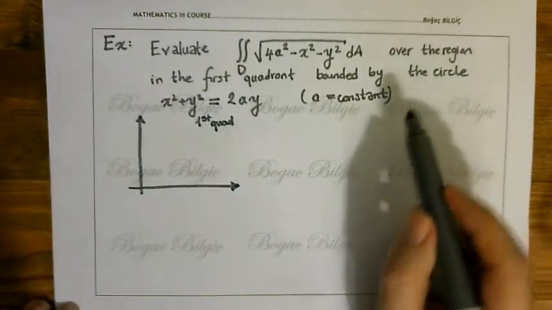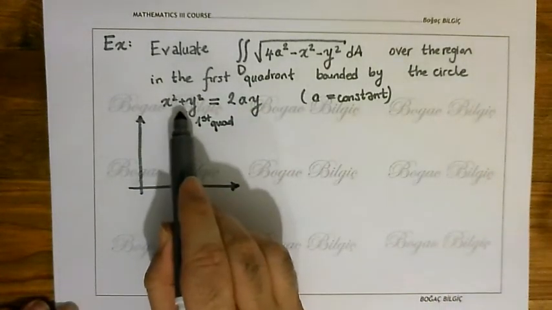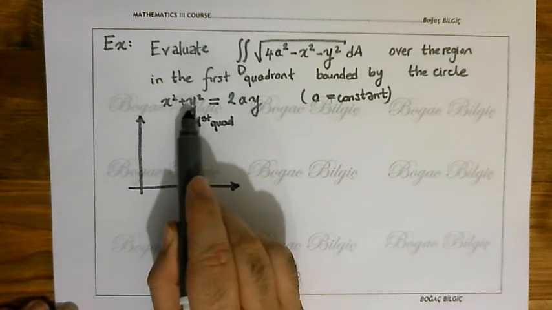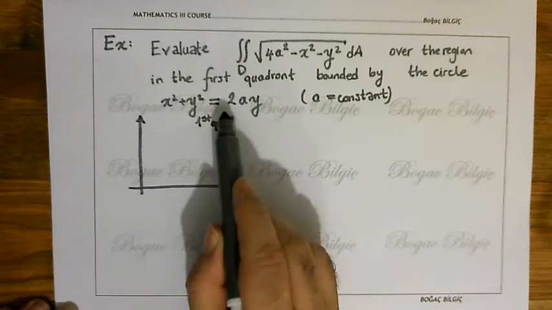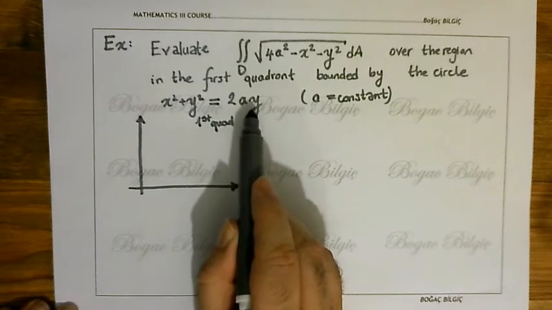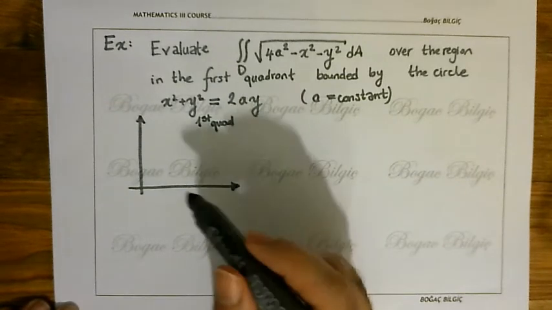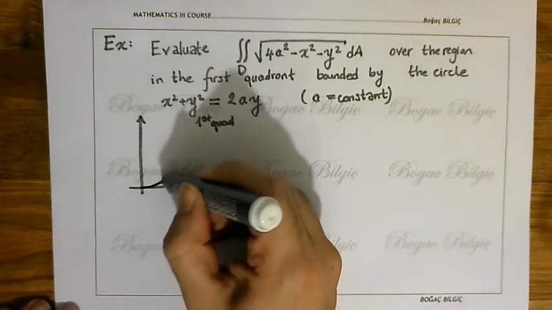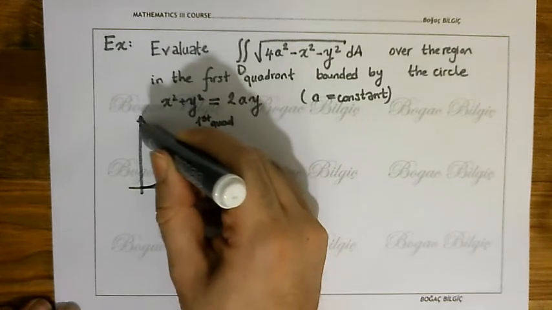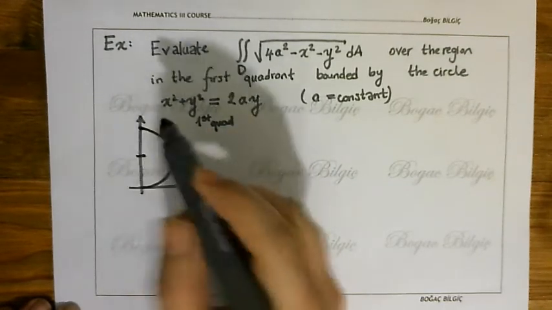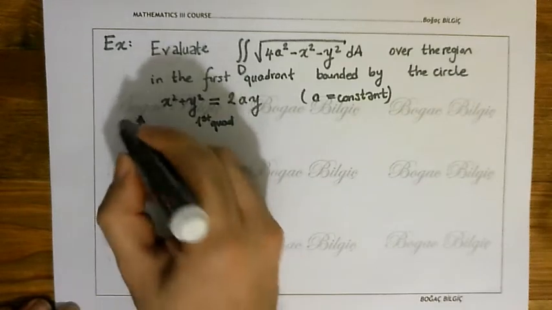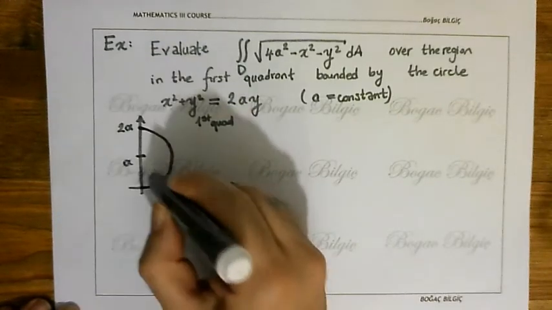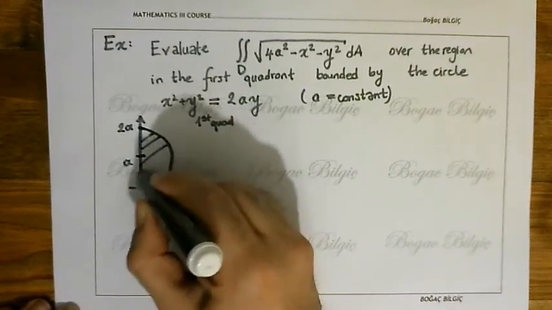The circle is x² + y² = 2ay. This circle is this, a, 2a, this area D.